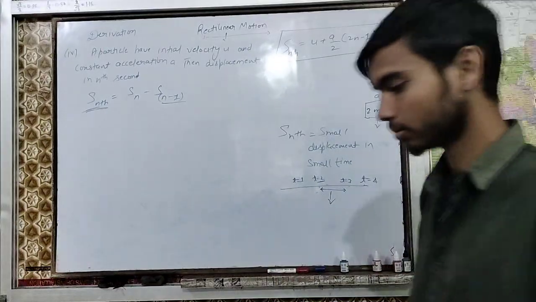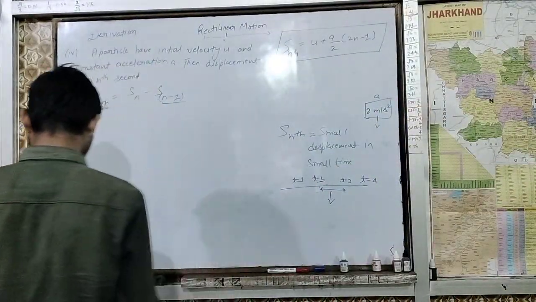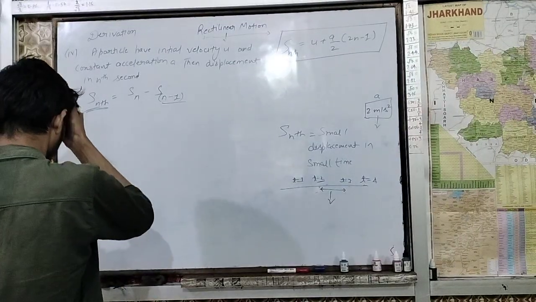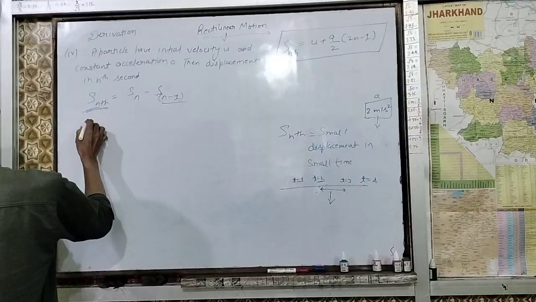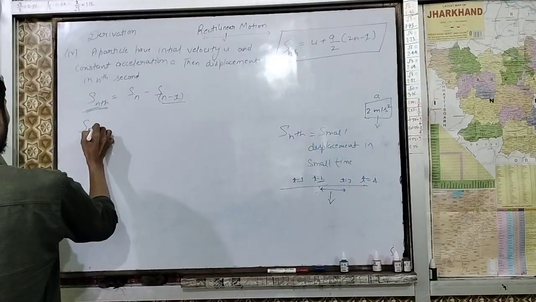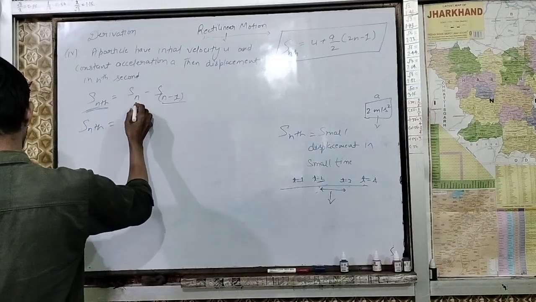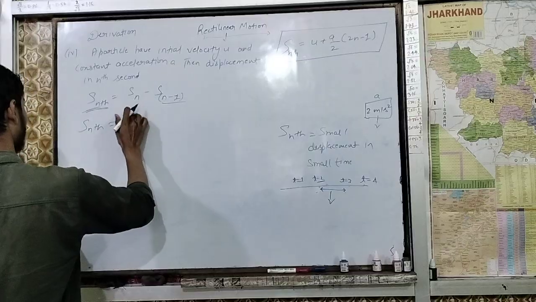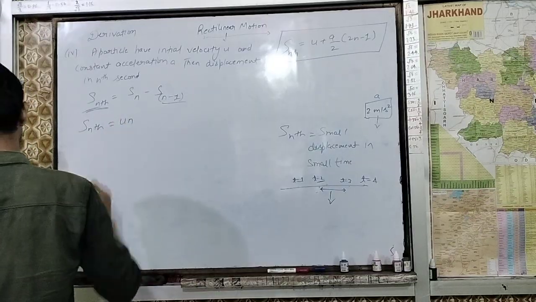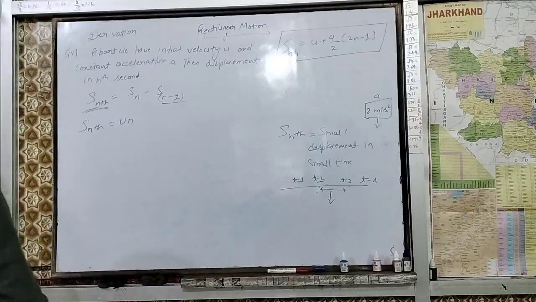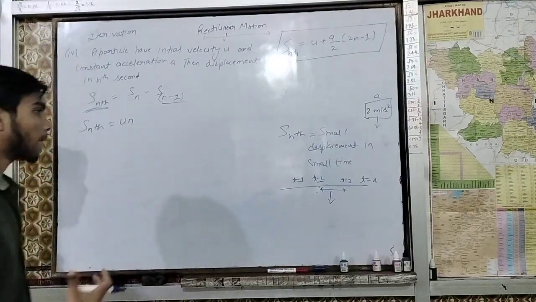Okay, got it? From here, you know that Sn is nothing but, we have initial velocity which is u, in a particular second.